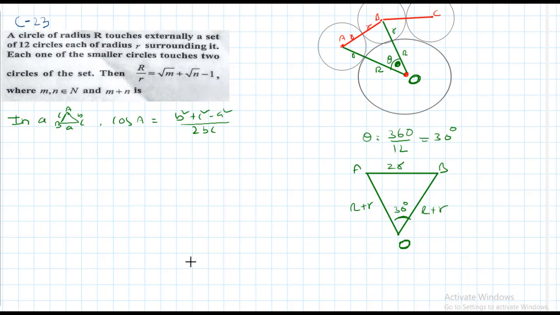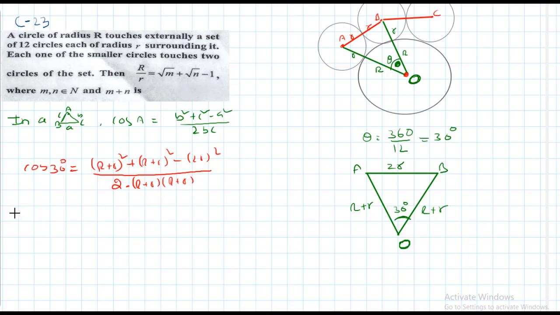So in my diagram, directly cos 30 degrees equals (capital R plus small r) whole square plus (capital R plus small r) whole square minus (2r) whole square, by 2ab, where 2ab means 2 times (capital R plus small r) into (capital R plus small r).